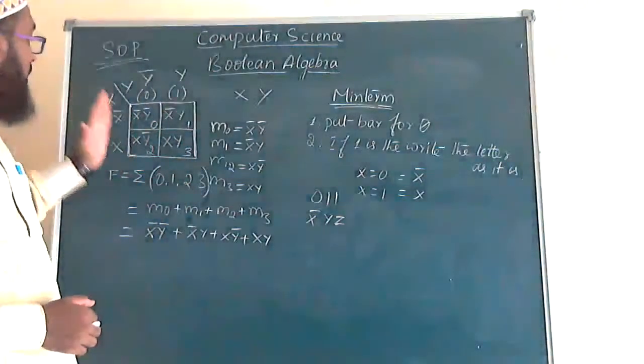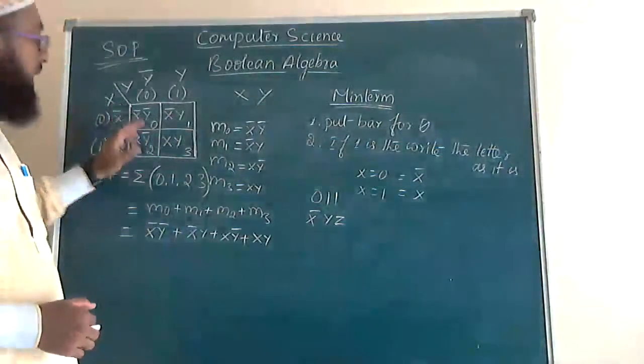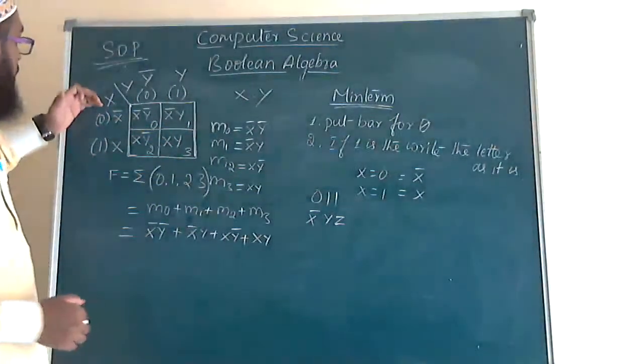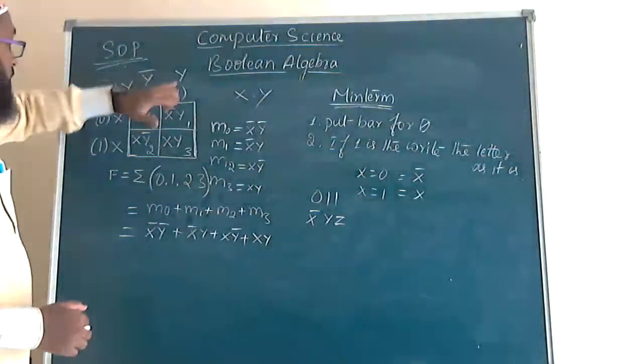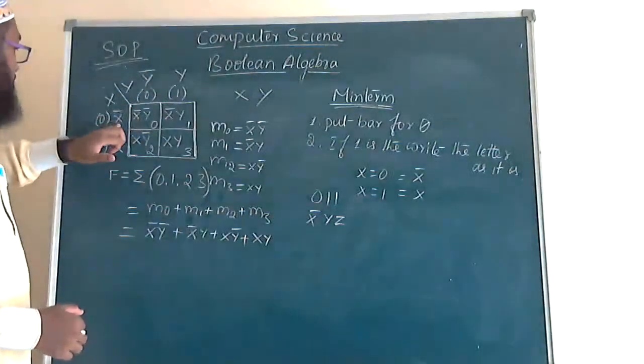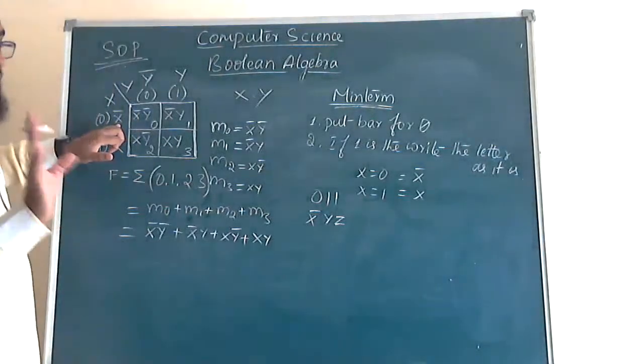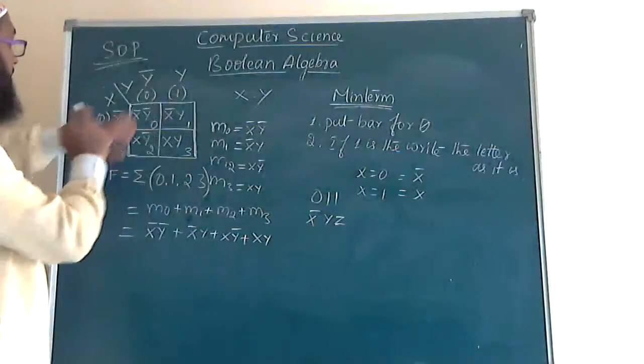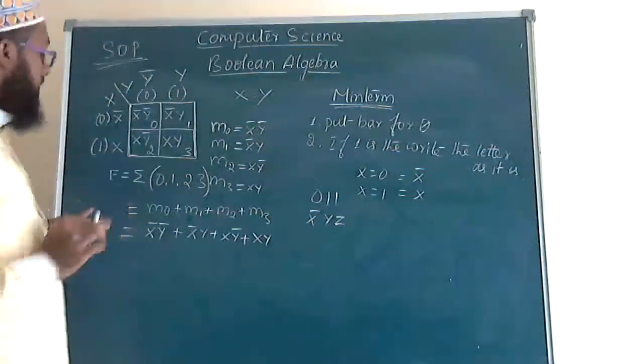This shows how to draw the Karnaugh map, how to number it, and how to name it: 0, 1, 0, 1. 0 means x bar in min terms, only in min terms for SOP. X bar, then for 1, x; y bar for 0, y for 1.